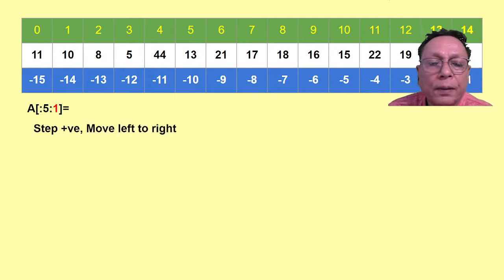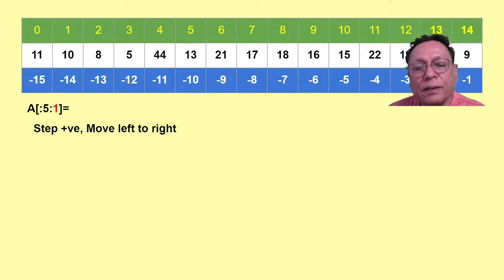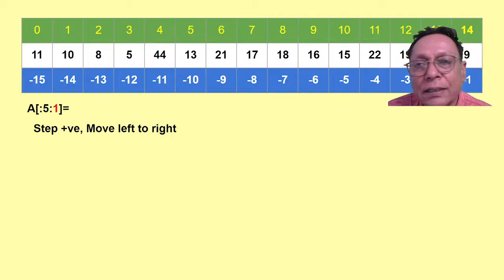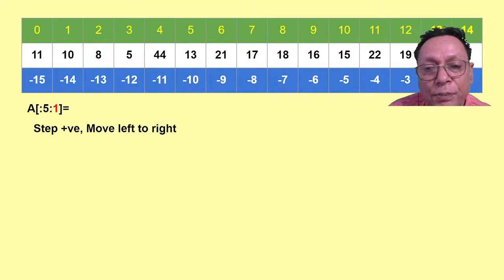Example, when one part is missing. Here in this list, we see that start is missing, but stop is given and step is given. But the step is positive, so we'll have to move left to right.